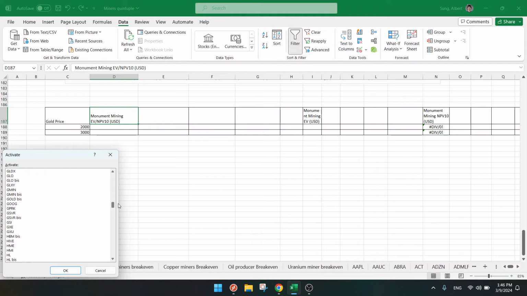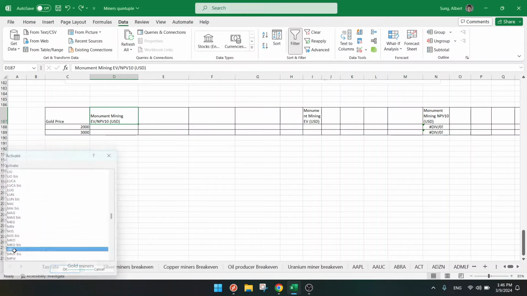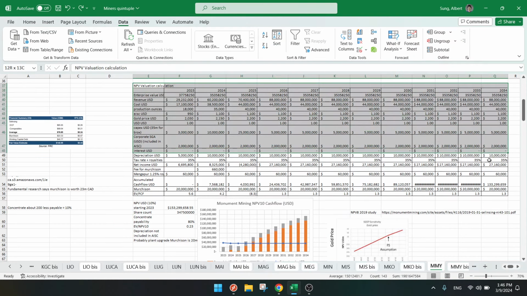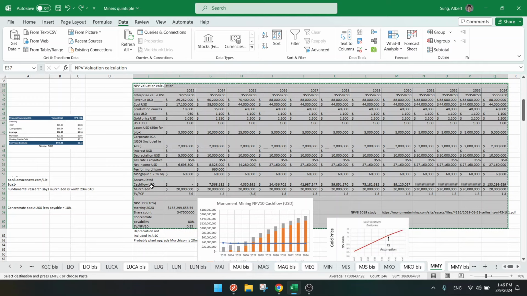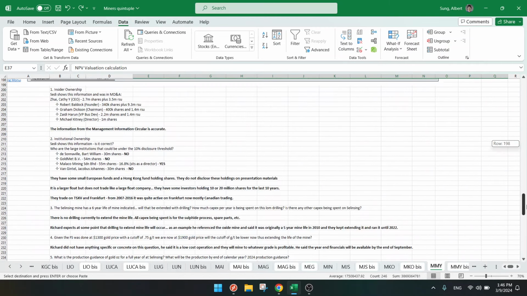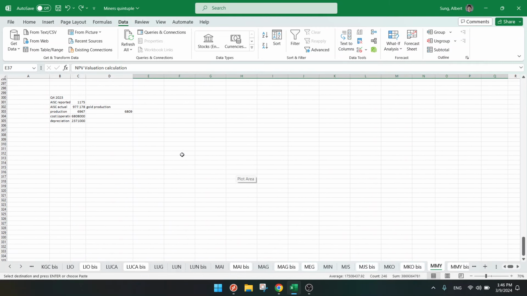So what are we going to do? We go to our monument mining chart. This is my master file for NPV enterprise value calculation. So we are going to copy this. We are going to copy this somewhere here below.